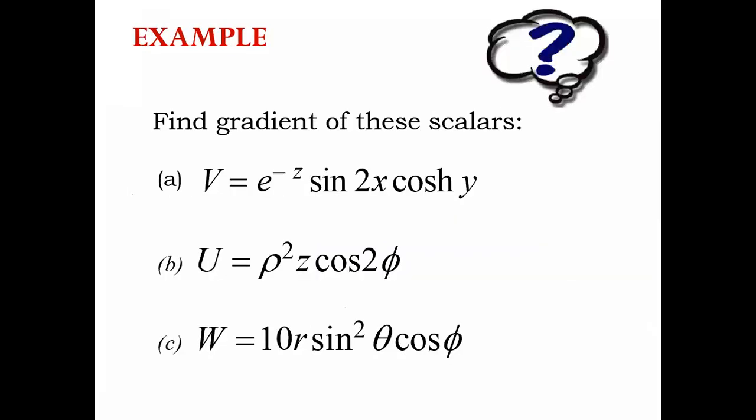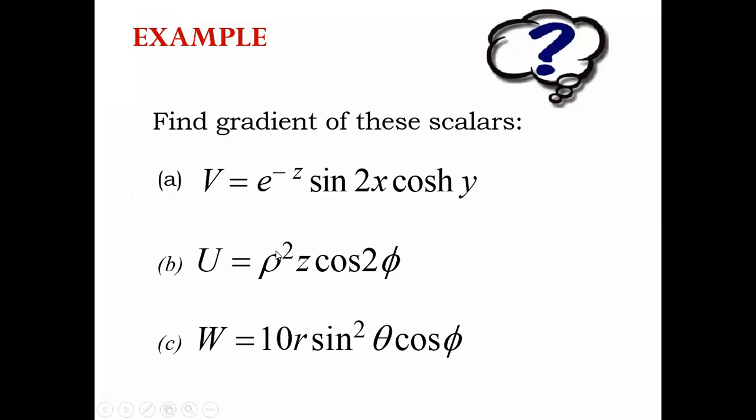So you may try these questions on your own. Find the gradient of these scalars. For this, you just need to know the derivatives of these functions. The cosh means cosine hyperbolic.